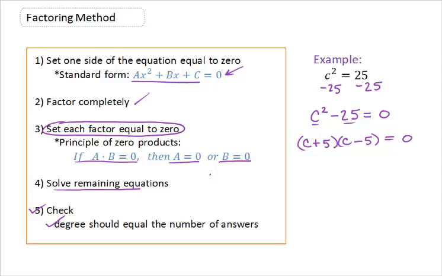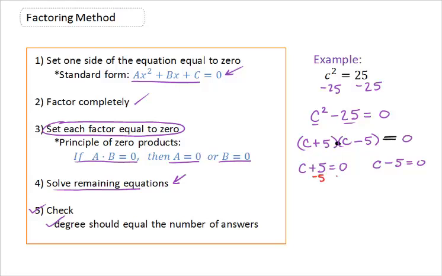Step number 3: since I have something multiplied and set equal to 0, I can set each of those factors equal to 0. I have c plus 5 equal to 0, and I have c minus 5 equal to 0. Now I can solve my remaining linear, or degree 1, equations by isolating the variable.